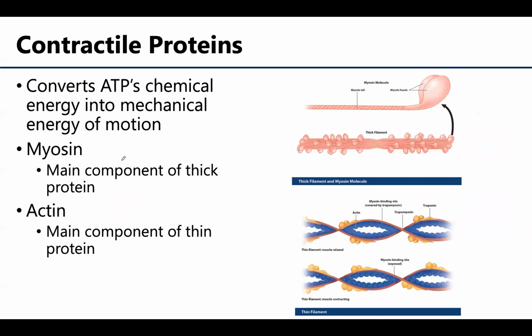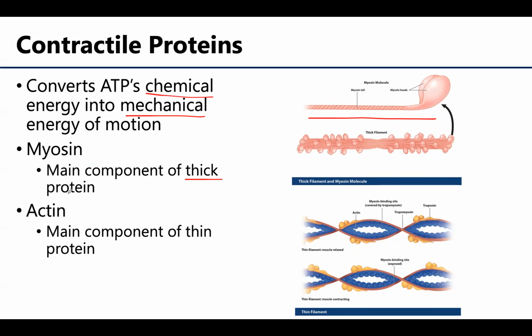All right, there are two main types of contractile protein. There is actin and there is myosin. And what these proteins do is convert ATP's chemical energy, so it's converting chemical energy into the actual mechanical energy of motion. Myosin, which you can see a myosin molecule right here, is going to be the main component of thick filament.